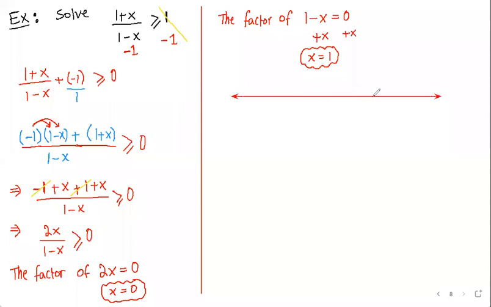So here's the 0. And x equals 1, but because x equals 1 is in the denominator, it cannot be equal to 0. This means I will put x equals 1 as an open circle. Any question until here?